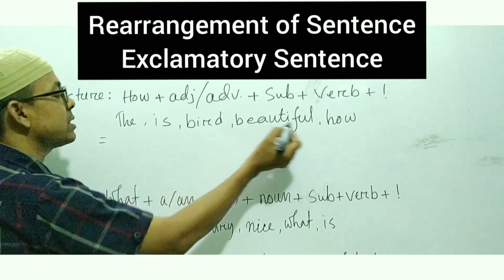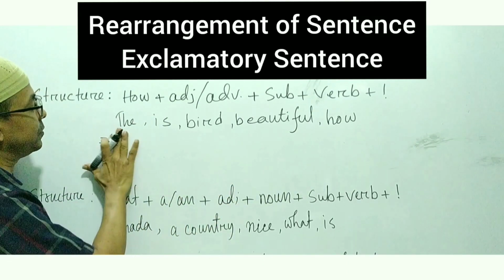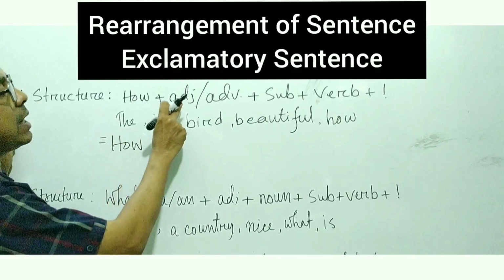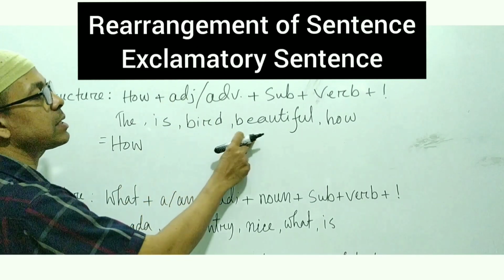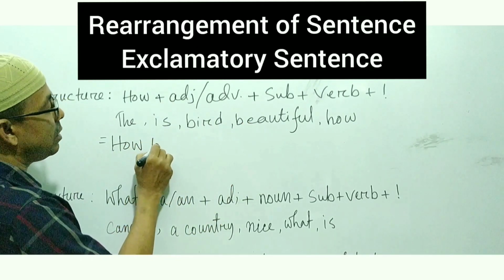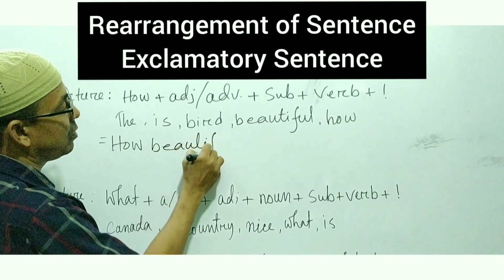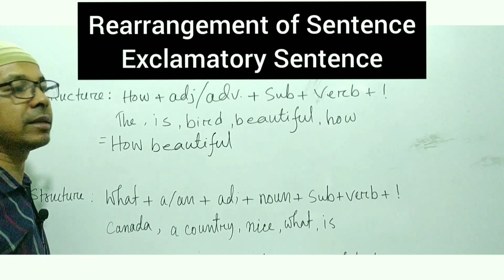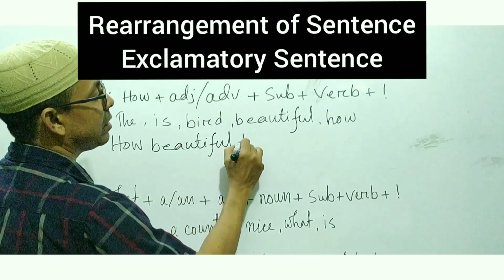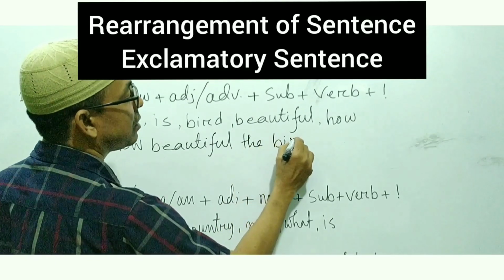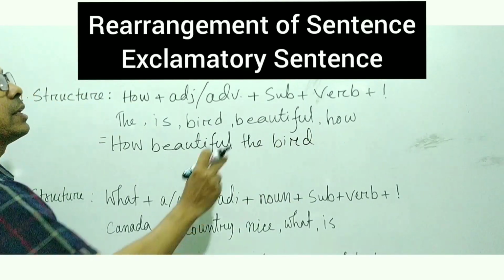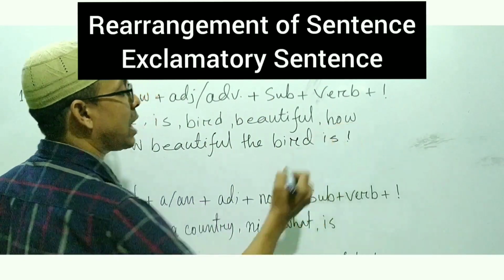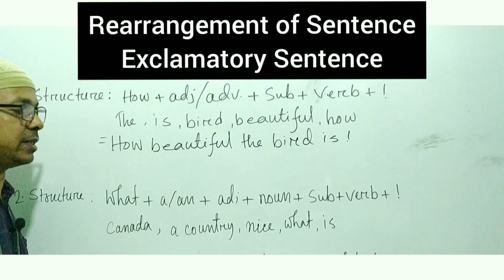Okay, so here you can see how, then adjective or adverb, here you can see the adjective beautiful, then write beautiful, how beautiful, then the subject, that means the bird, how beautiful the bird, then the verb is, and the exclamation sign: how beautiful the bird is.